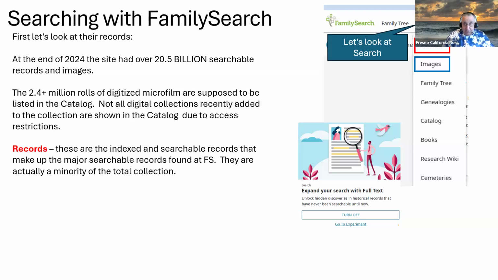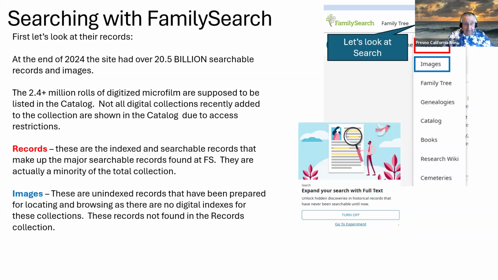The next group down under search are images, and this is a vastly larger collection. These are unindexed records that have been prepared for indexing, which they've now done away with, and are now being read by artificial intelligence so that they can get every name indexed.